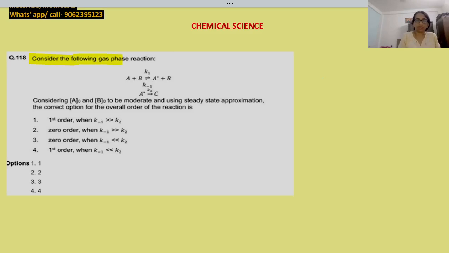Consider the following gas phase reaction. This reaction is going on in the gaseous condition and the rate constant K is given.